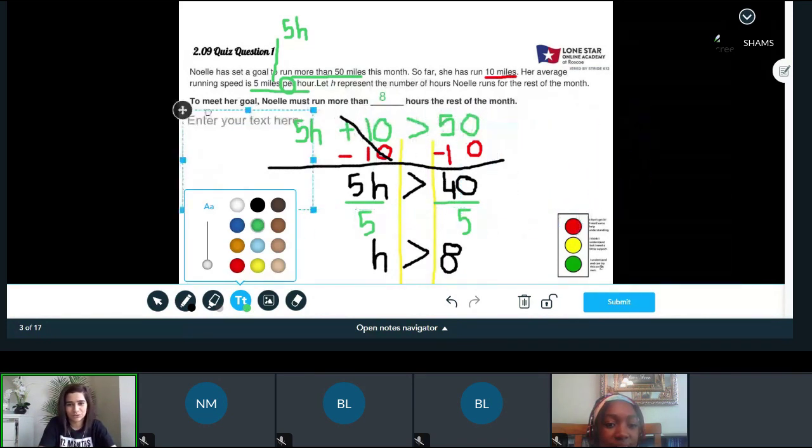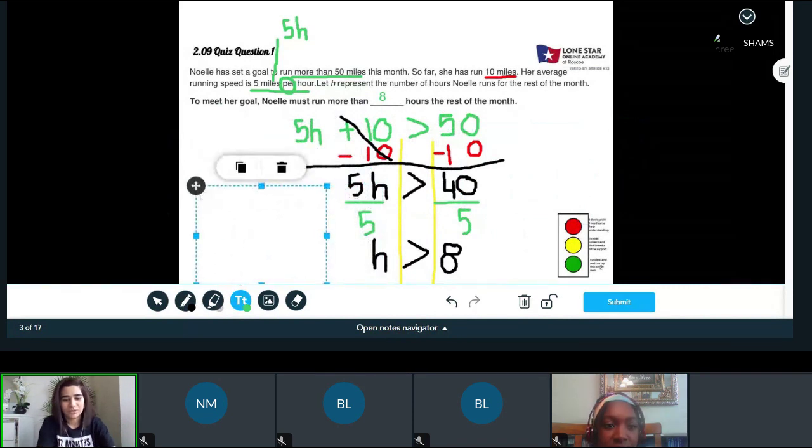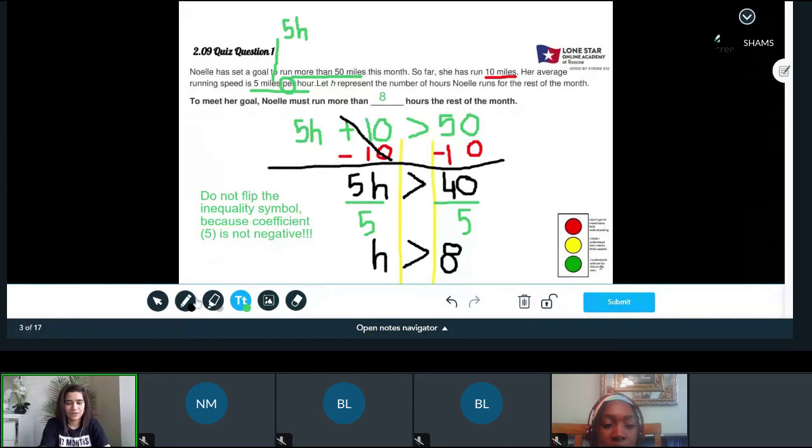So we will write it down for ourselves so we can remember. Do not flip the inequality symbol. Why? Because the coefficient, that in this case is 5, is not negative.